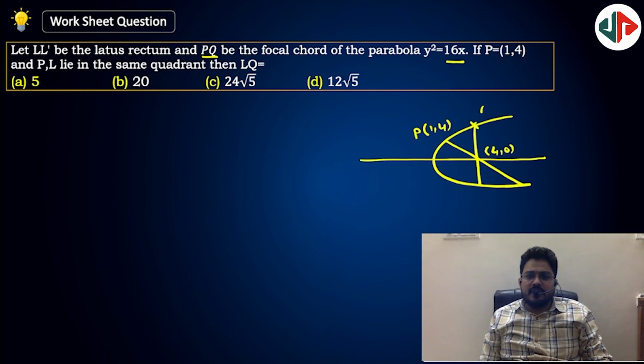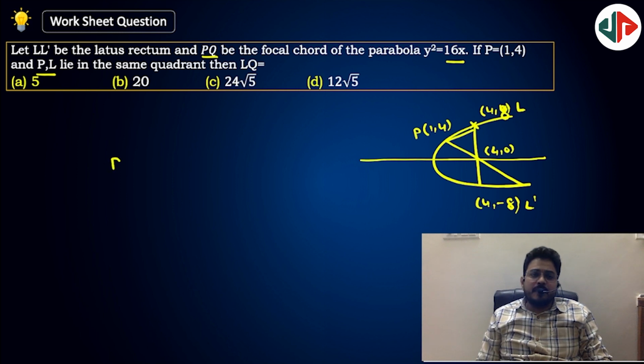The latus rectum ends are 4 comma 8 and 4 comma minus 8. This is L, this is L dash, a comma 2a. They are asking about P and L on the same side, so they are asking the distance between these points.